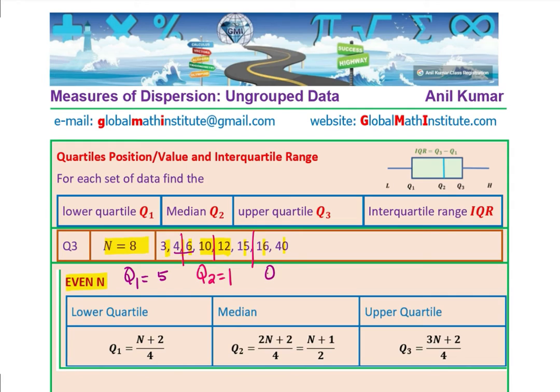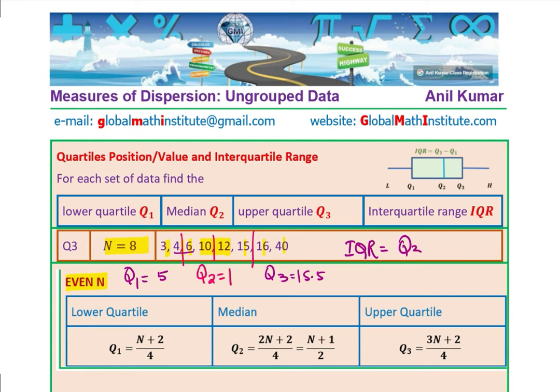And Q3 is between 15 and 16, so it is 15.5. Is that clear to you? So that is what you should be getting. But you can use the formula to get the exact position. Perfect. Now IQR is what?